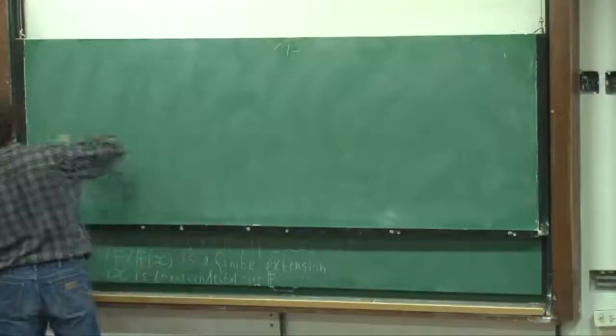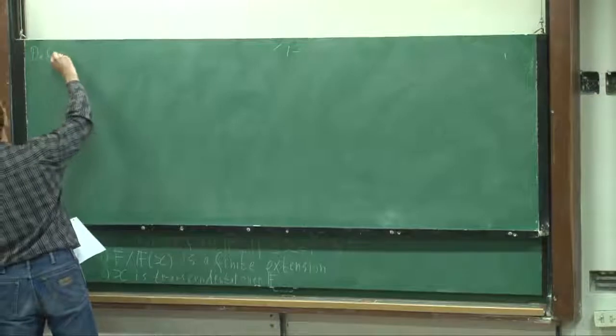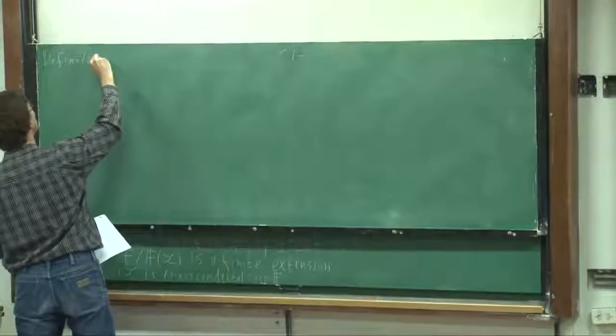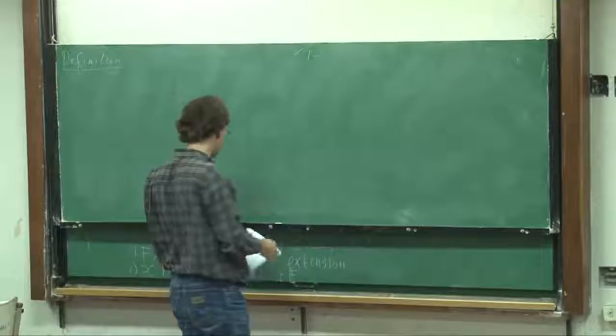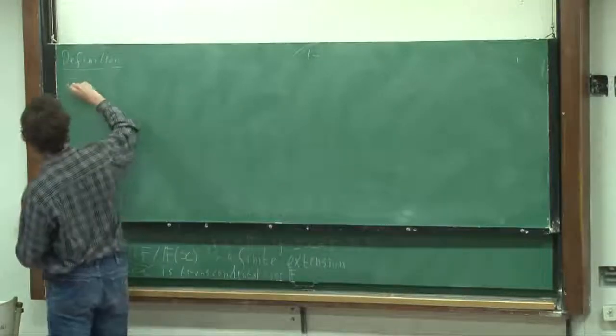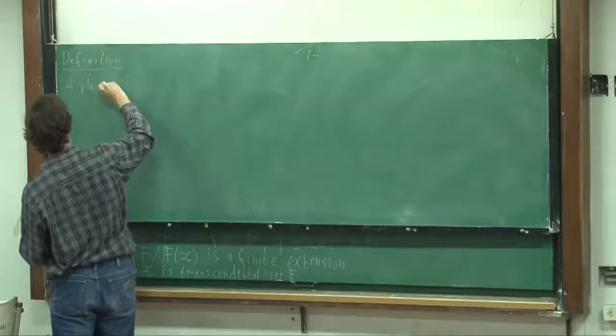Okay, so what we then now can do is define something that is called the place of a function field.